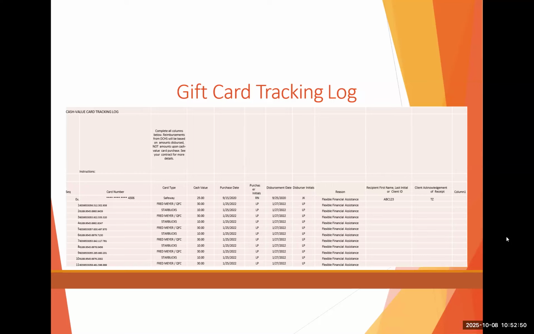The contract language says that if there's any exception to following all the A through Z of the credit card log or the cash card log requirements, you need written pre-approval from the county. You should get written pre-approval if you cannot collect a signature for a virtual engagement. Okay. Great. Thank you for that.